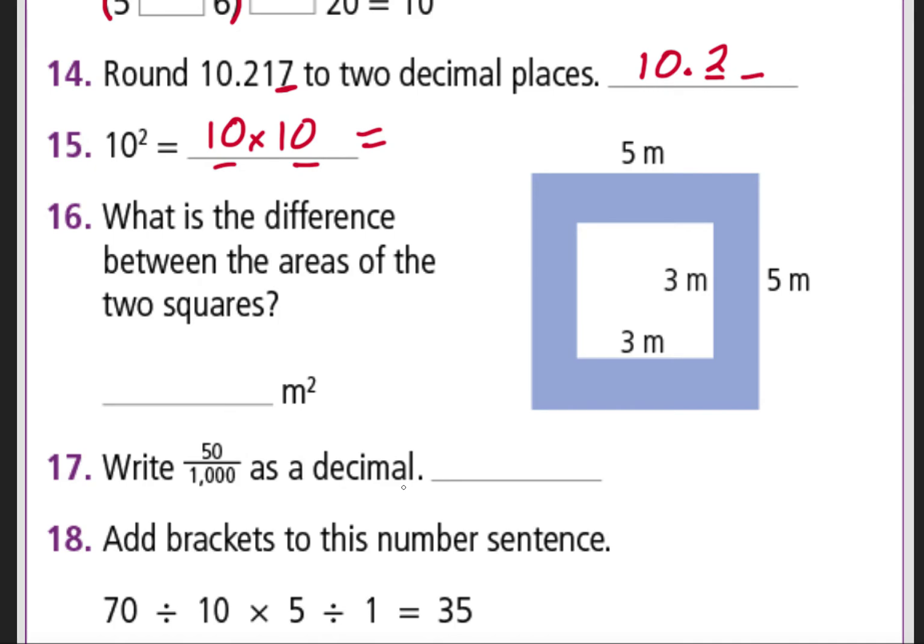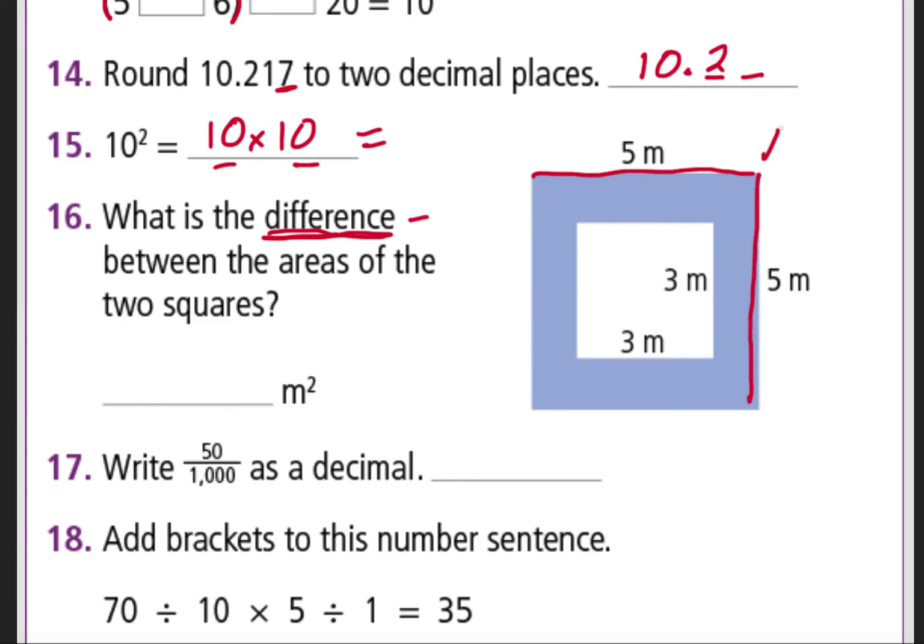Number 16, what is the difference? Now, when you hear difference, we are talking about subtraction. What is the difference between the areas of the two squares? So to get the area of the big square, we're going to take its 5 across and its 5 down.